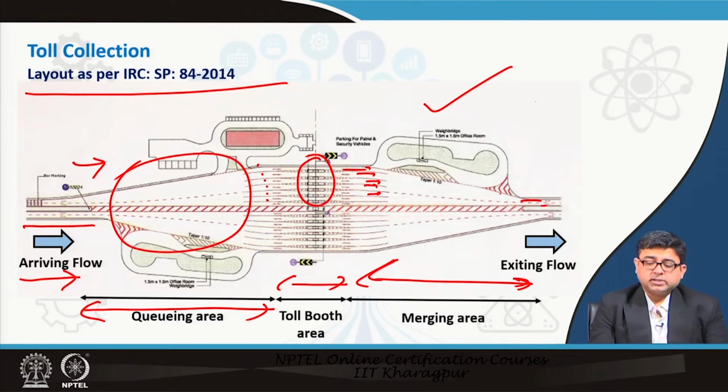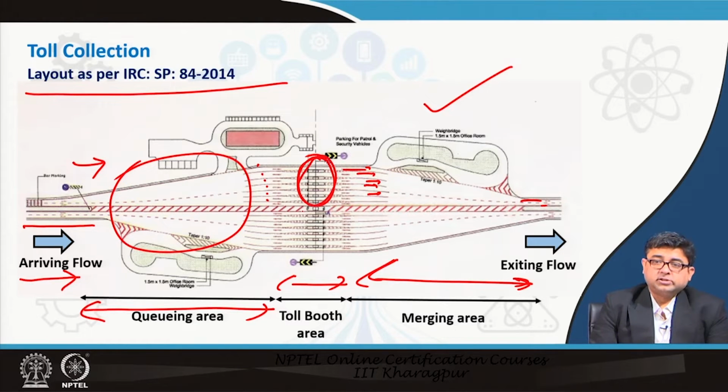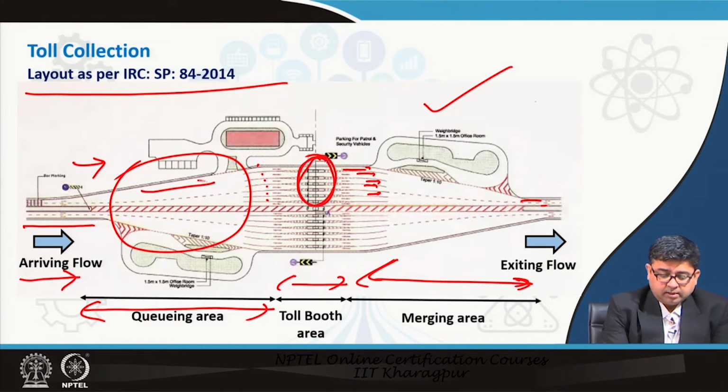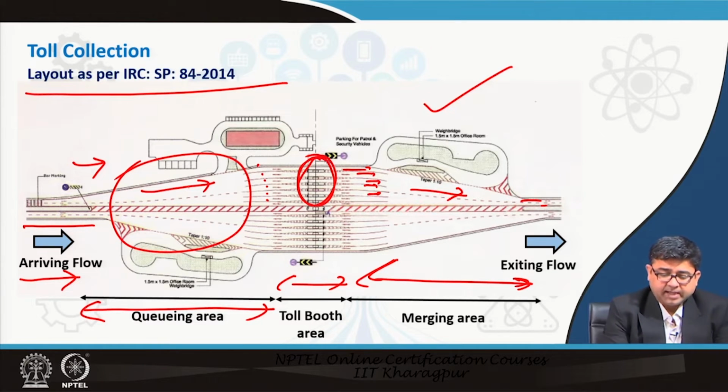So, what causes the delay is not only the time taken by the vehicles to make the transactions at the toll booth, but also these merging and diverging areas, right. So, people have to diverge from 2 lanes to 7, 8 lanes. So, there is some time that they take to realize which lane they should go to.